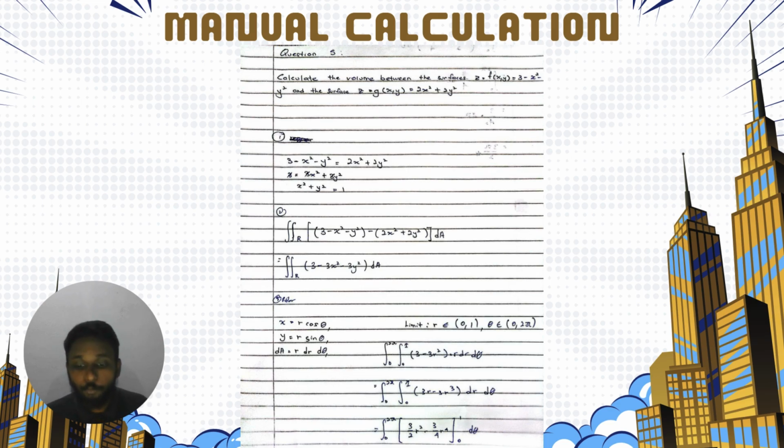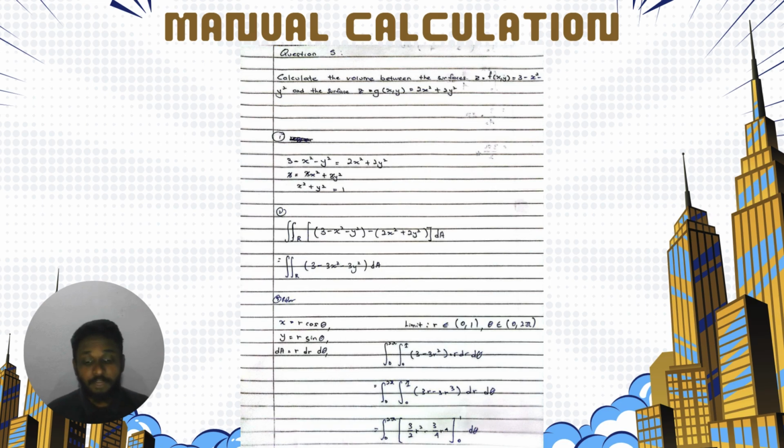Next, we convert to polar coordinates. Since the region is a circle, we use polar coordinates, so x equals r cos theta, y equals r sin theta, and dA equals r dr d theta.